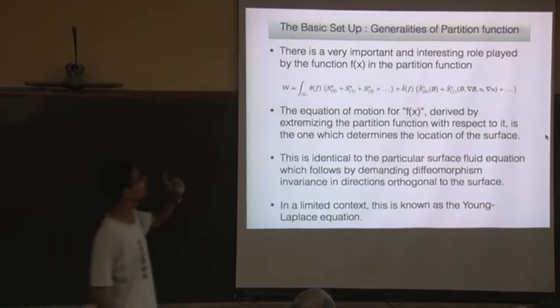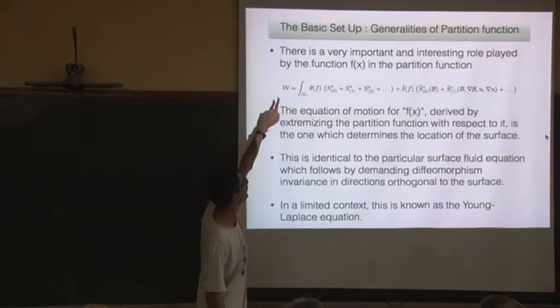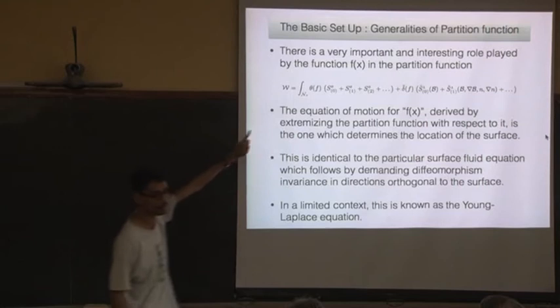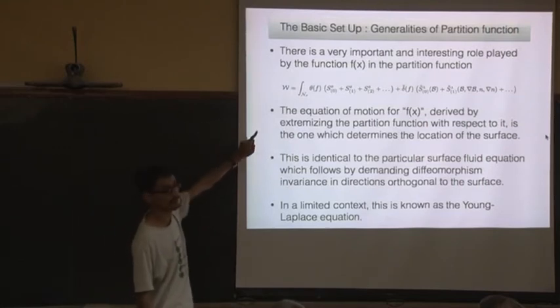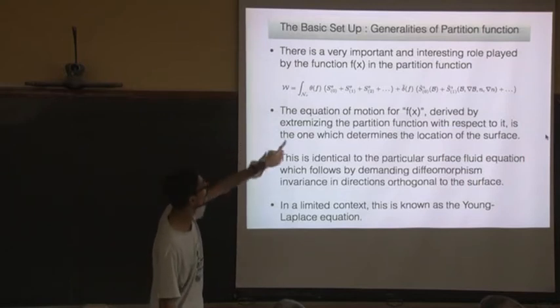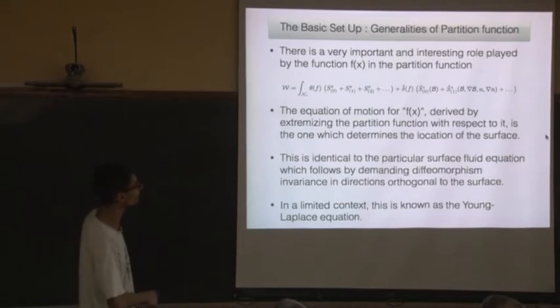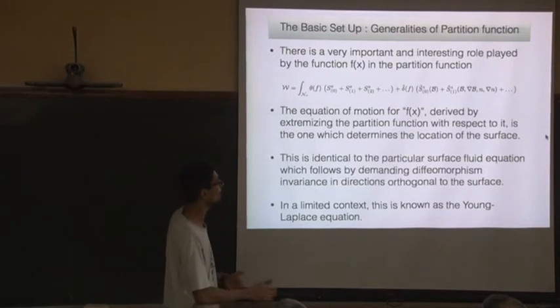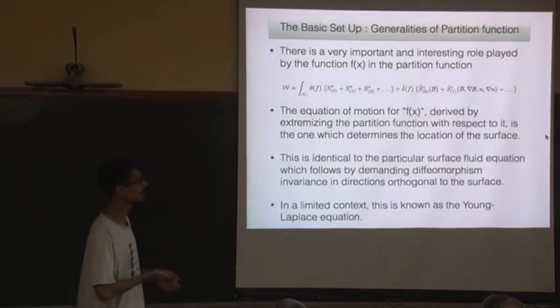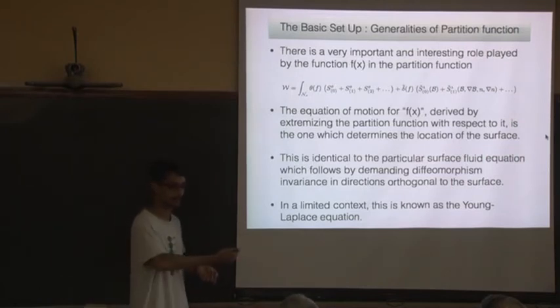There is a special role played by the function fx in the partition function or the free energy. If I take this and differentiate it with respect to f, extremize the free energy with respect to f, I get back the equation of motion for fx derived by extremizing the partition function. It is the one which determines the location of the surface, and this is identical to the particular surface fluid equation which follows by demanding diffeomorphism invariance in directions orthogonal to the surface, like conservation of the stress tensor dotted with the normal.